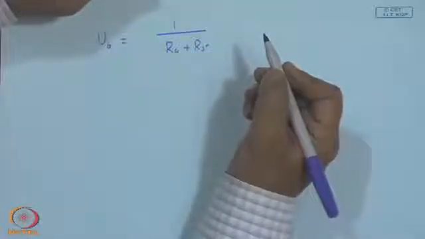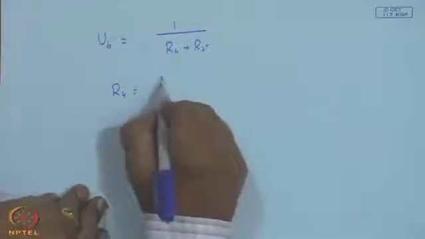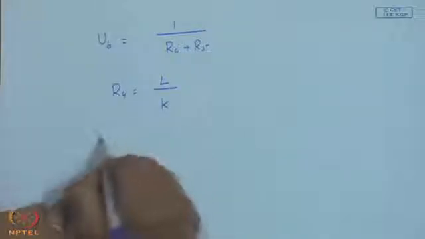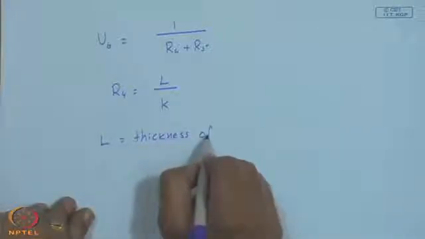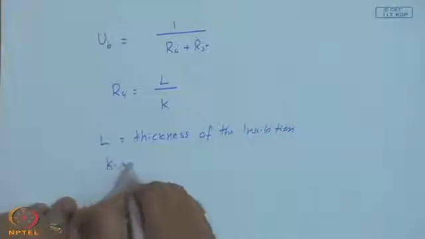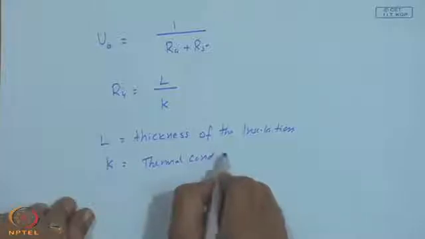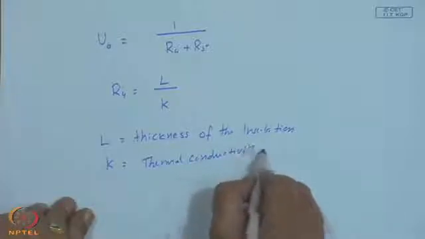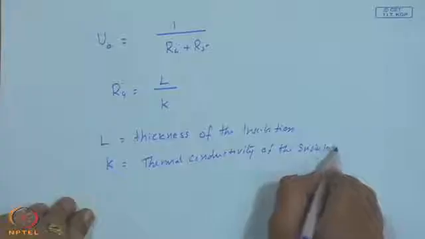R4 plus R5, R4 is the conduction resistance and R5 is the convective plus radiation resistance, and R4 is given by L upon K, where L is the thickness of the insulation and K is the thermal conductivity of the insulation.